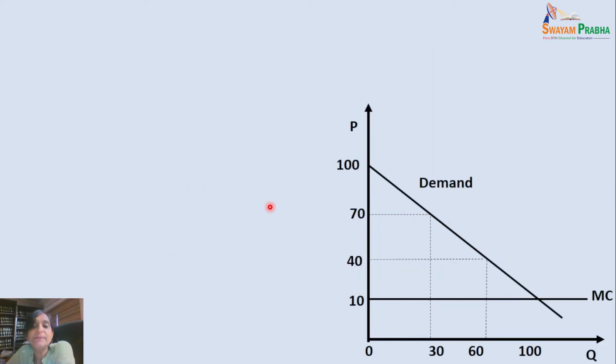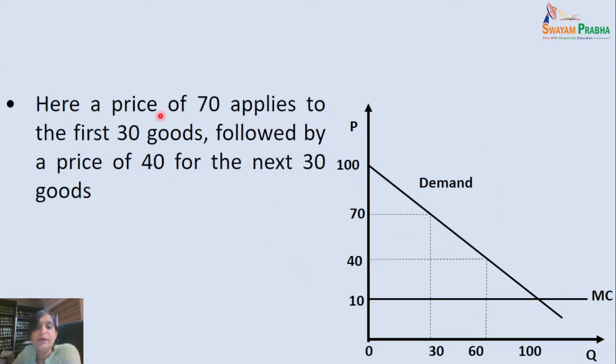For example, this graphical representation explains second degree price discrimination. A price of 70 applies if you are buying 30 units of a good. But if you buy the next 30, between 30 and 60, your price comes down to 40. The highest theoretical price is maybe 100, but the price being charged is 70.